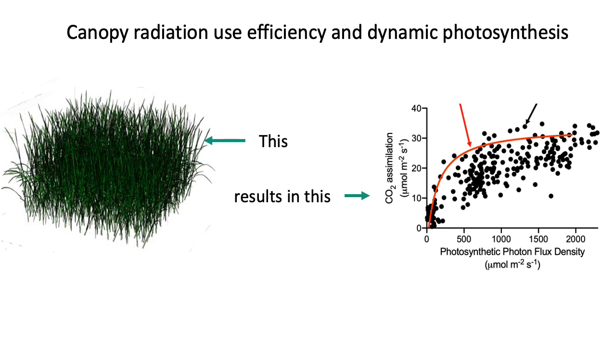The question we then have is, what are the three-dimensional properties of canopies that can be changed to improve photosynthetic rate under these dynamic conditions? And this is where methods for reconstruction and understanding light dynamics from those reconstruction methods are important. And this is strongly linked to phenotyping techniques.